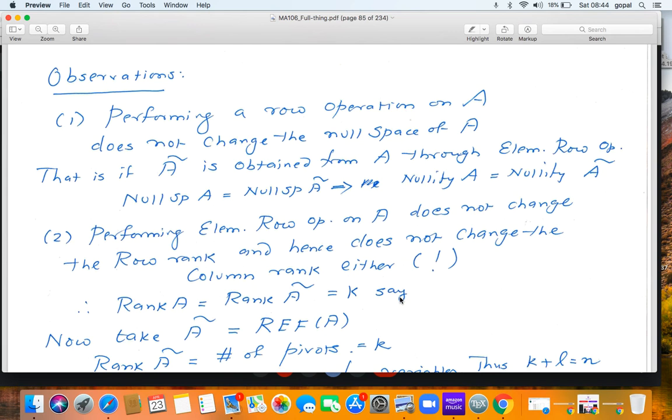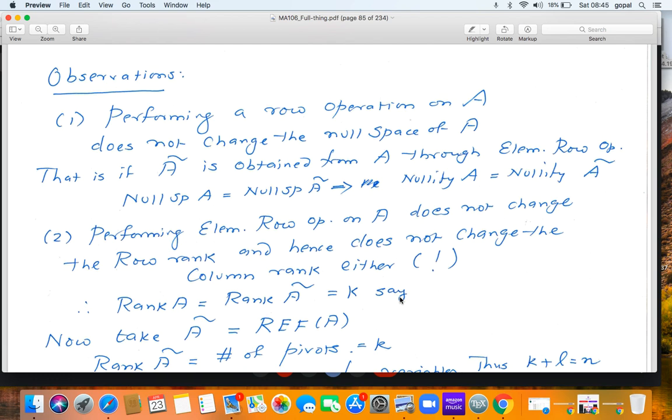First thing is, performing a row operation on A does not change the null space. Well, in fact, when you want to solve a system of linear equations, I can perform a row operation on the augmented matrix and the resulting system is completely equivalent to the original system. The solution sets are the same. Here there is no augmented column, it's just 0. So when I want to solve Ax equal to 0, I could perform an elementary row operation on A and instead solve A tilde x equal to 0.